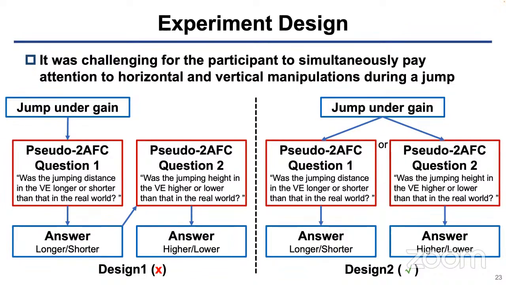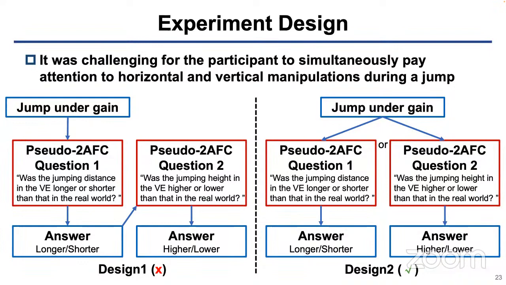For example, after the jumping, we let the user answer whether the jumping distance in the virtual space is longer or shorter than that in the real world. And after this answer, we ask the second question, whether the jumping height is higher or lower than that in the real world, and we get the second answer.